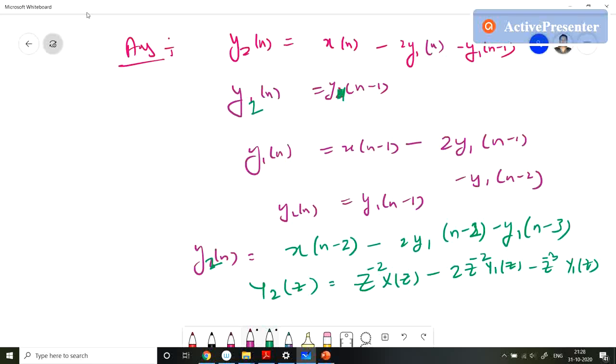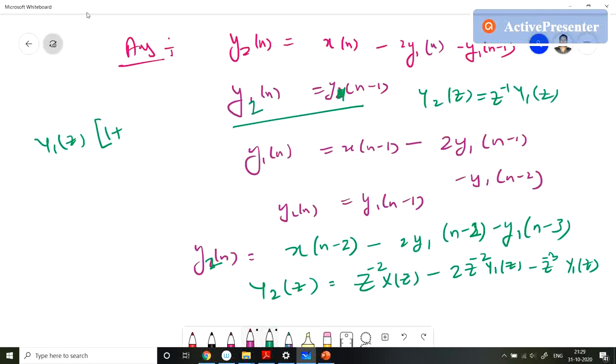Now we can combine all these terms together, so we will get Y1(z) times 1 plus, and using the relation that Y2(z) is equal to z raised to the power minus 1 into Y1(z), we can use this relation also.